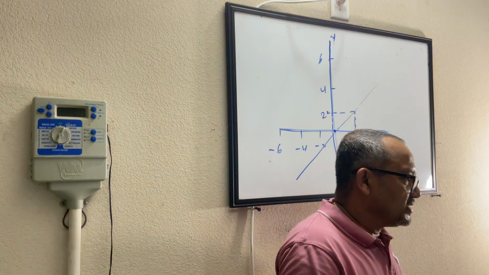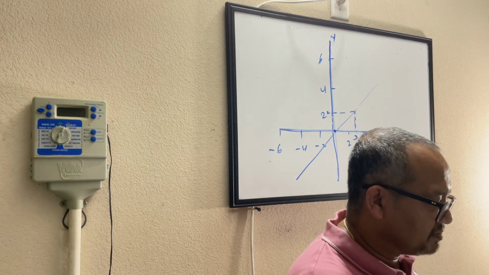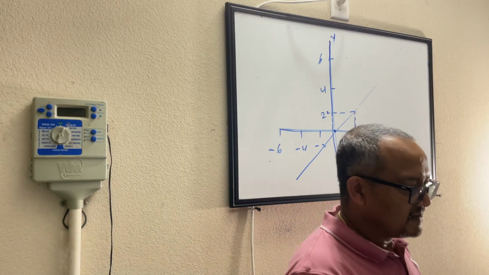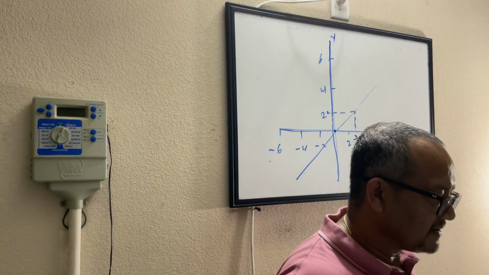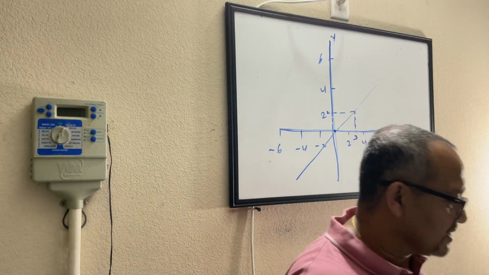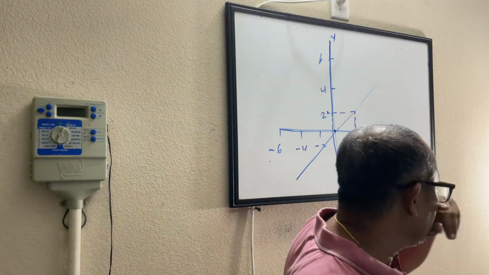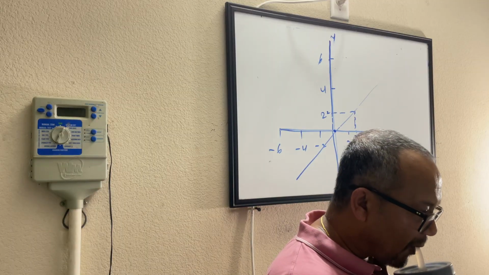Let's see who tells me what. Moira, what's cooking up? I'm sorry, I could not hear you. I was asking what is cooking up. What is the constant of proportionality that you can tell me by looking at this graph? I'm still figuring it out.